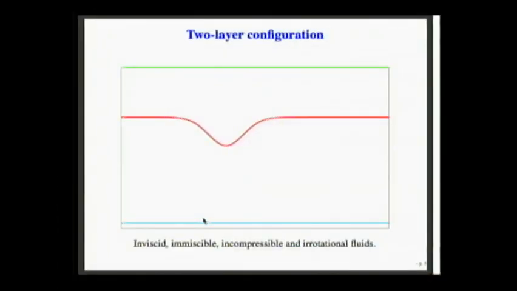In a very simplified situation in which I will consider only 2 layers, a rigid lid at the top, which is a great simplification because, of course, at the top there are surface waves. This is the perturbation of the interface, that's the internal wave, a flat bottom to begin with, and the 2 fluids with different physical properties that are considered to be immiscible, incompressible, and irrotational.